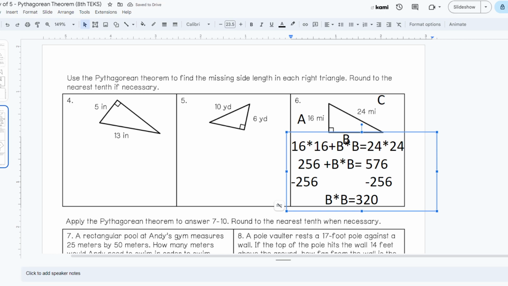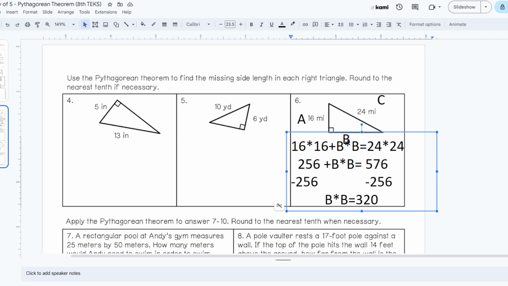And then we use our calculator to take the square root. And did I do that right? 576 minus 256. Yeah, 320, okay.